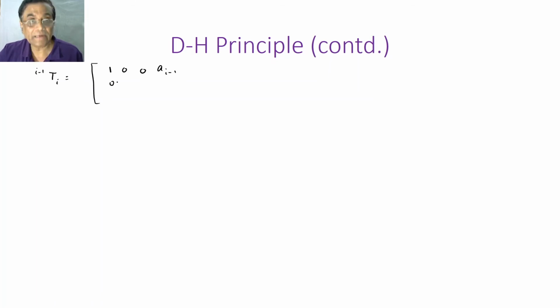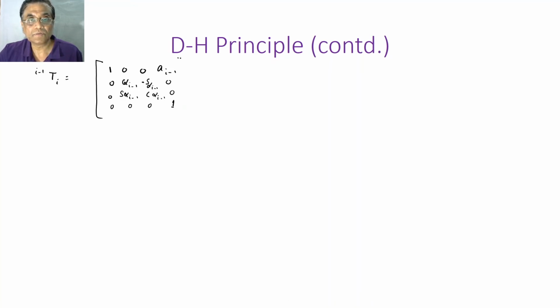Don't worry, I am just rewriting: cos alpha(i-1), minus sin alpha(i-1), 0, then 0, sin alpha(i-1), cos alpha(i-1), 0, then 0 0 0 1.